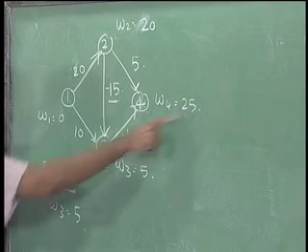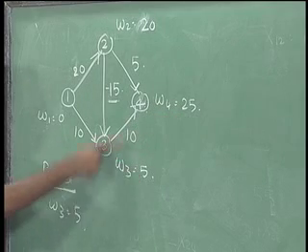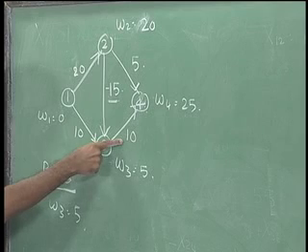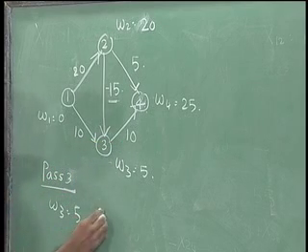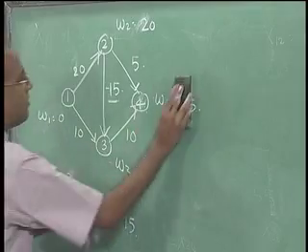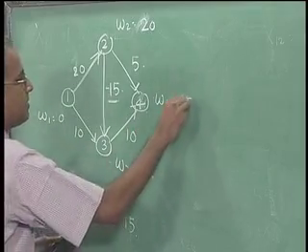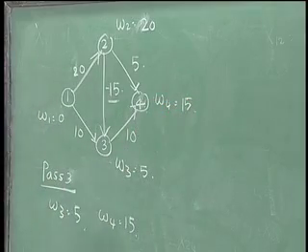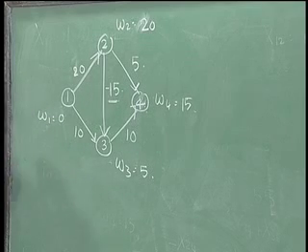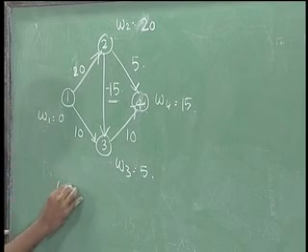Now, Wj minus Wi is greater than Cij. So, 25 minus 5 is 20, and 20 is greater than 10. So, now change W4 to 15. So, W4 becomes 15.